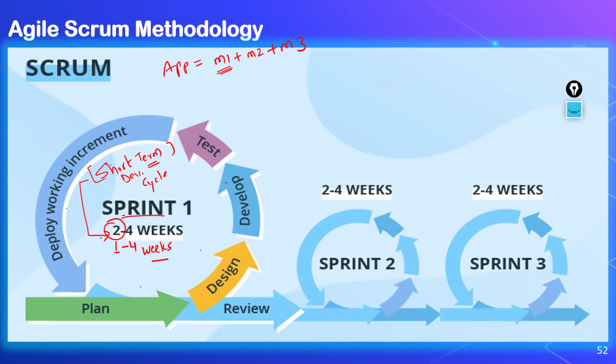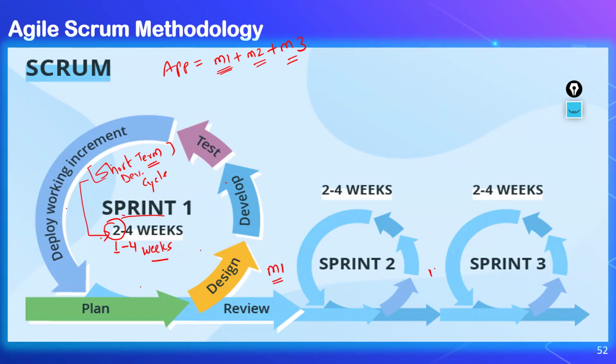Why are we calling it an increment? Because every time you do this, you will come up with some addition to your application. That's why we call it an increment, because with every sprint you're adding something to the application. At the end of this, you will have module one delivered.